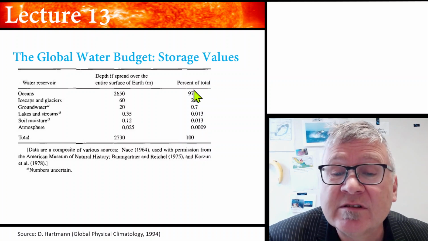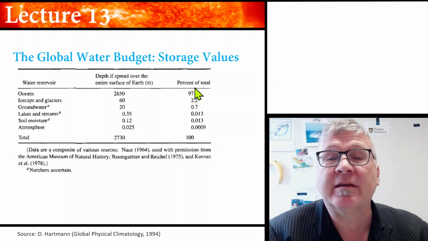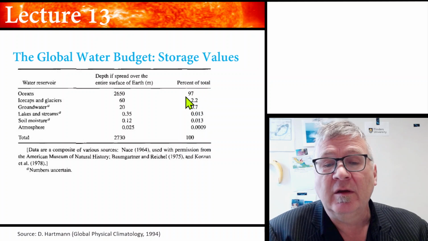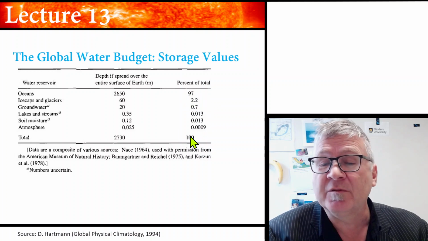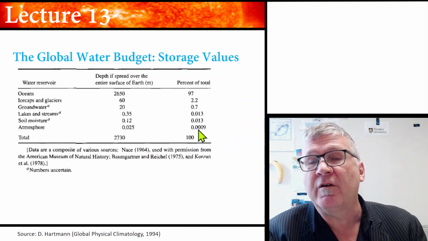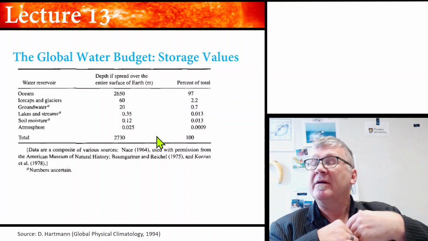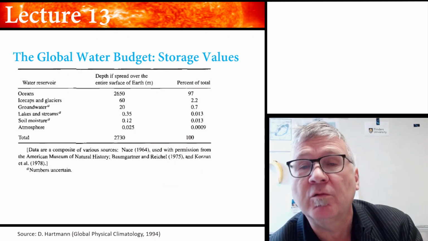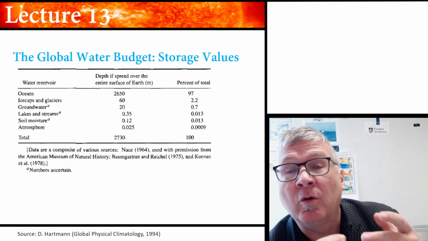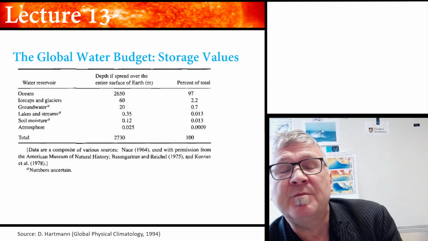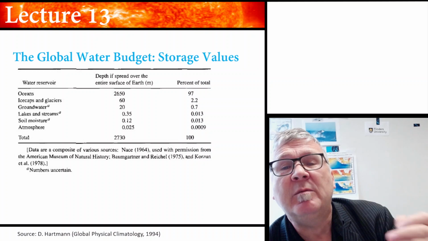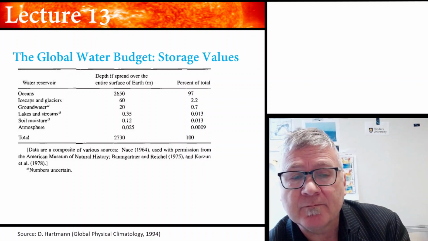The oceans hold 97% of all water, and the atmosphere holds only a very small percentage. But water vapor is an extremely powerful greenhouse gas, and although it's a small percentage, it plays an extremely important role in the climate.